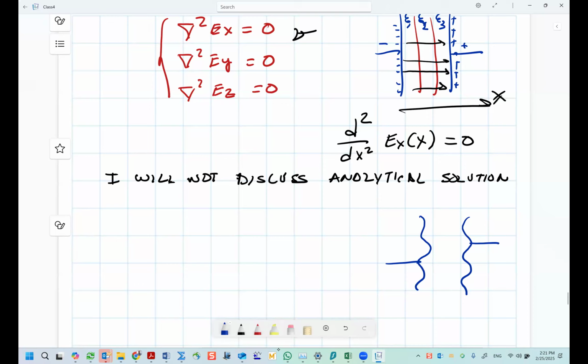So I will not discuss analytical solutions, not because they don't have value. In fact, they will have a lot of value because if you solve this problem analytically, and then you solve this problem with finite elements, and the results give you too much of a difference, you are wrong. Most probably in the finite elements, because the analytical solution is easy.